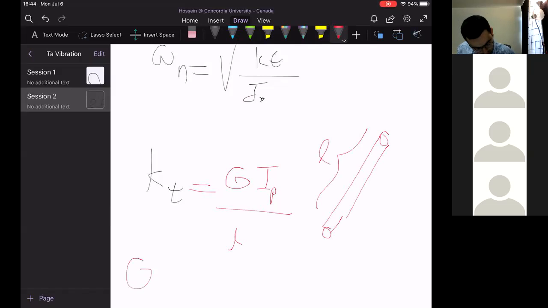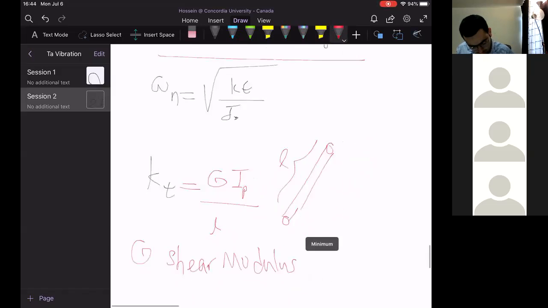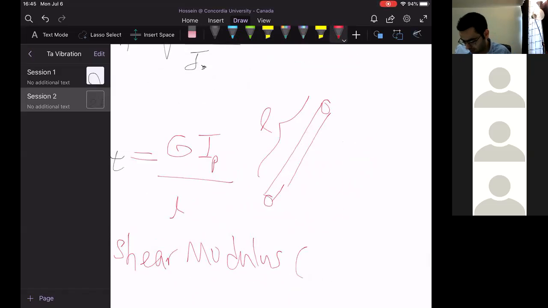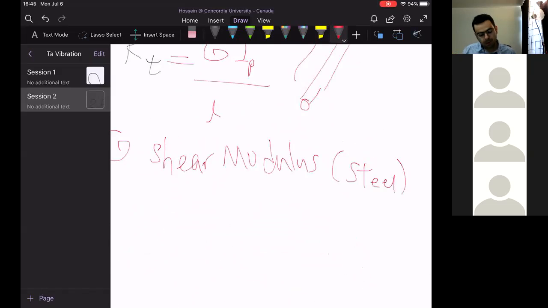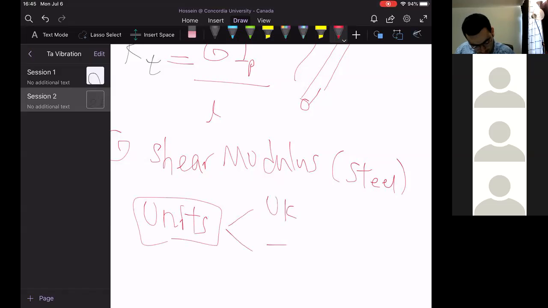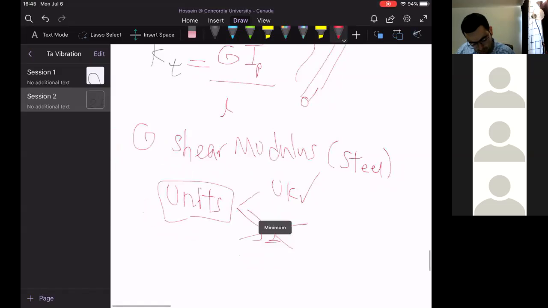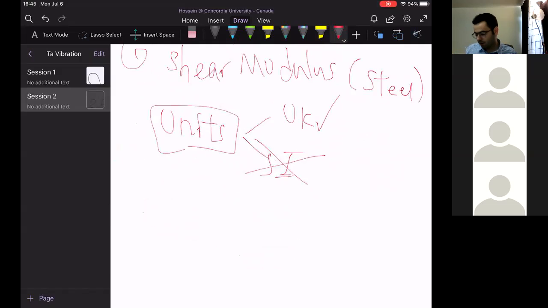G is shear modulus. You could find shear modulus of the steel from the table. I think it's made of steel, right? Steel shaft. You could find from the table, but you have to be very careful regarding the units. The units are very important. Here we are dealing with the UK system, rather than SI, right?